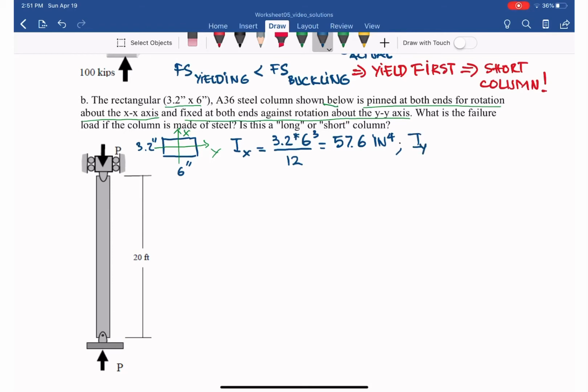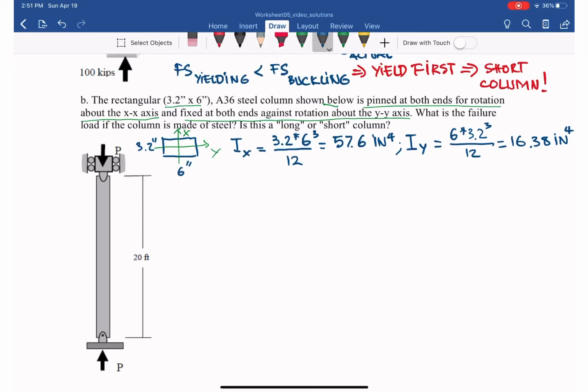And Iy, the area moment of inertia about the y-axis, by definition equals 6 times 3.2 cubed divided by 12, and that equals 16.38 inches to the 4.